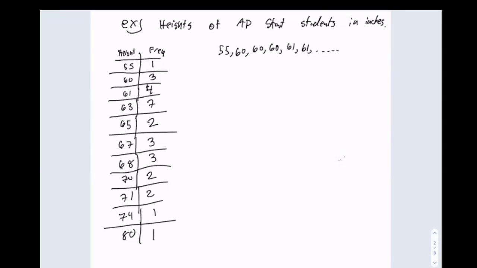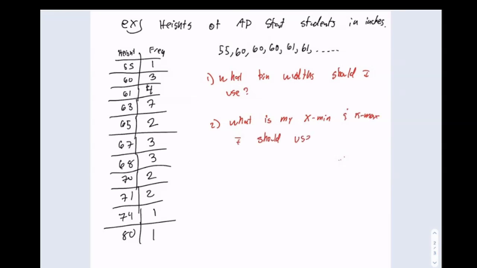Now, the first question that we need to ask ourselves is, what bin width should I use? And then the second question is, what X min and X max should I use?